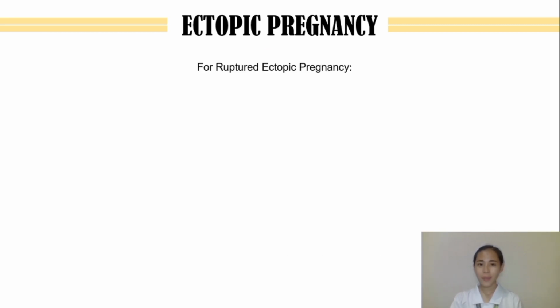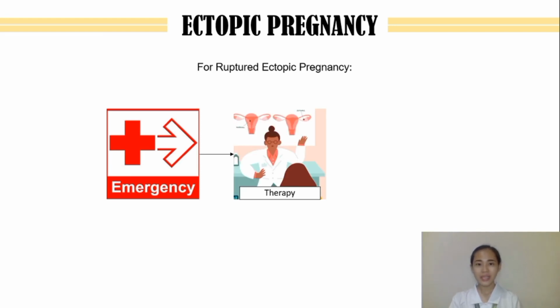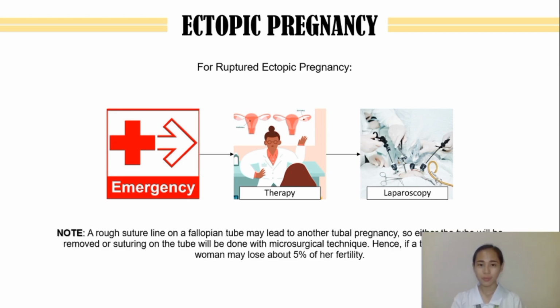For ruptured ectopic pregnancy: when an ectopic pregnancy ruptures, it creates an emergency situation. The therapy for a ruptured ectopic pregnancy is a laparoscopy. A laparoscopy is used to ligate the bleeding vessels and to repair the damaged fallopian tube.